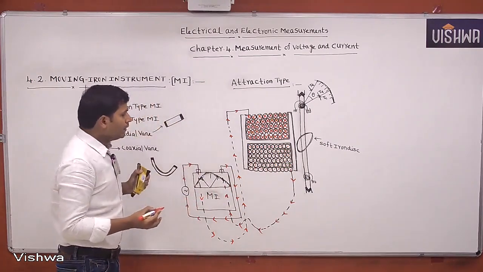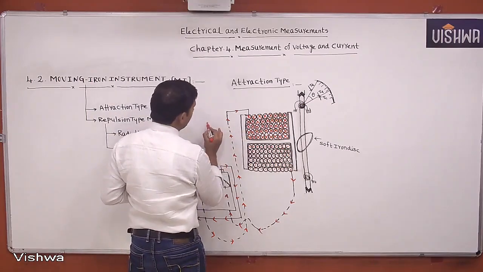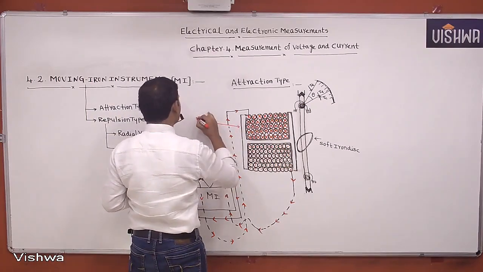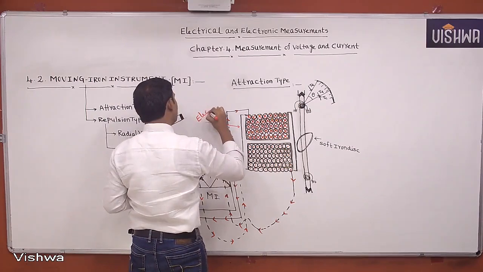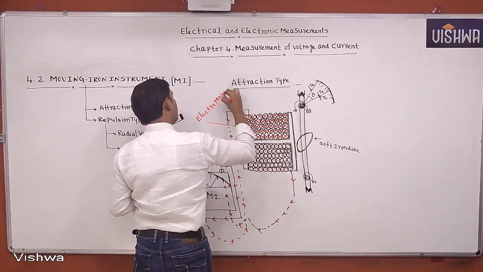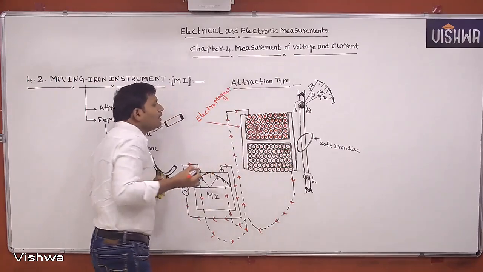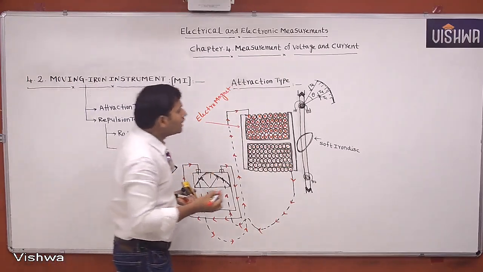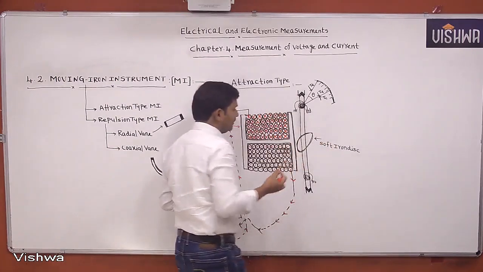This is the electromagnet, and this is the soft iron disc.